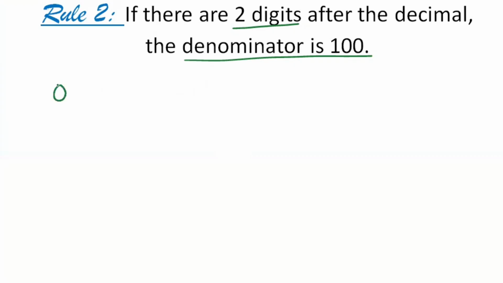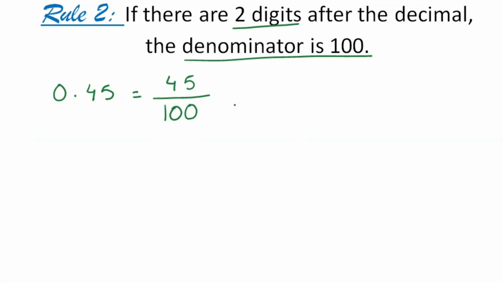Like 0.45. How will we write this one as a fraction? Here after the decimal, how many digits? 2 digits. It means the number will come as it is in the numerator position and the denominator will be 100, because after the decimal point there are 2 digits. Can we simplify it? Yes, we can.